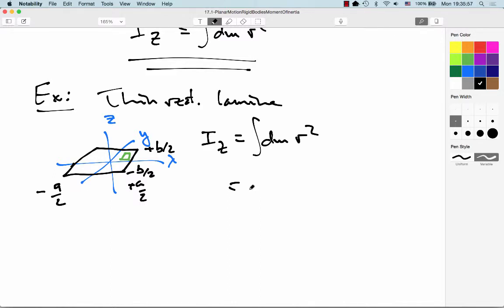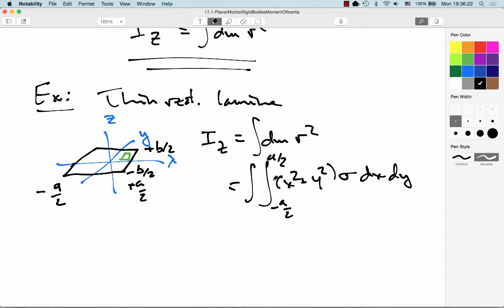So let's put in what it all is. My r squared will be x squared plus y squared, and then my dm is sigma dx dy. So my integral over x runs from minus a over 2 to a over 2, and y from minus b over 2 to b over 2.